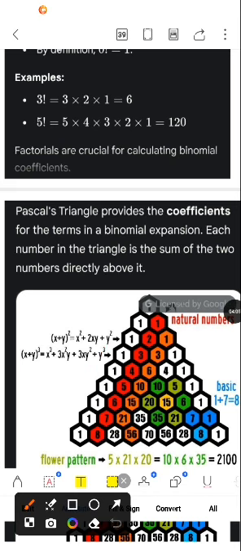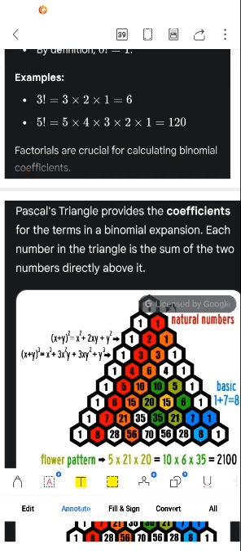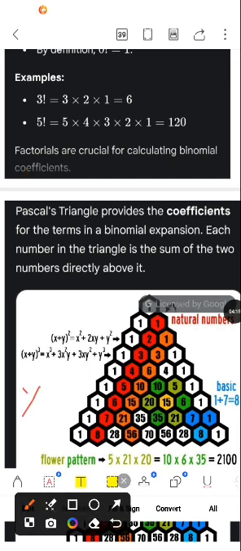Now let's talk about the powers. Anytime the first term decreases its power, the second term will increase its power. Very important. In the first term, x was to the power 3 and y was 0. In the next term, x decreased to 2 and y became 1.